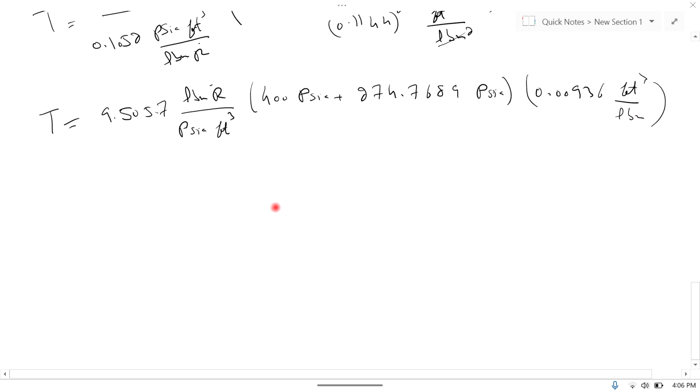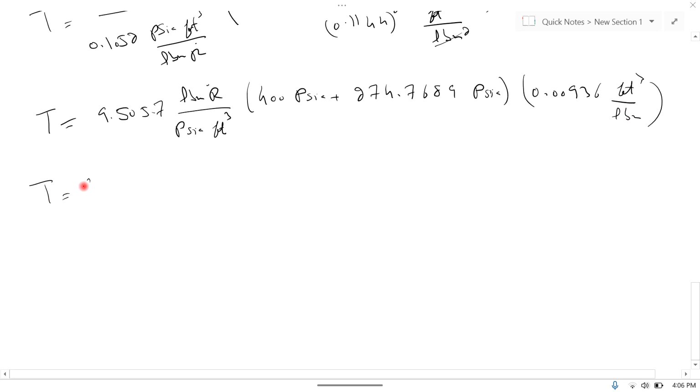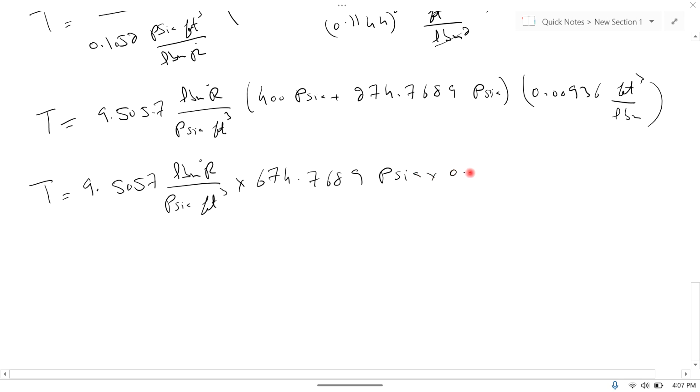Now further simplify this. So T is equal to 9.5057 pound mass into degree R divided by psia into cubic feet, and 400 plus 274 is equal to 674.7689 psia multiplied by 0.00936 cubic feet per pound mass.